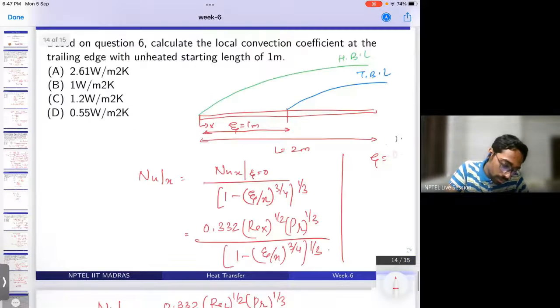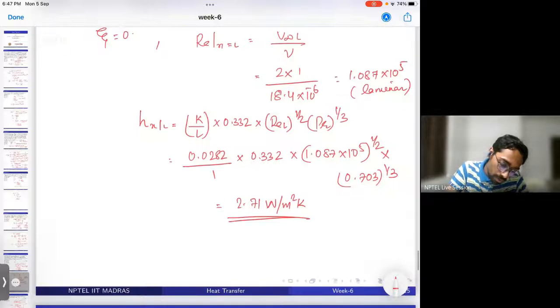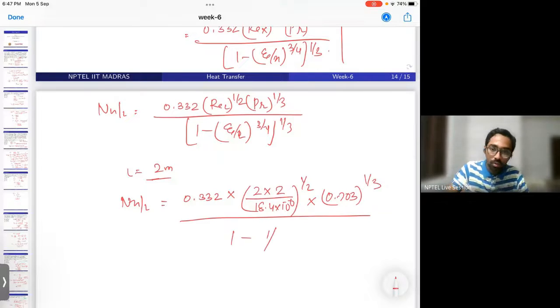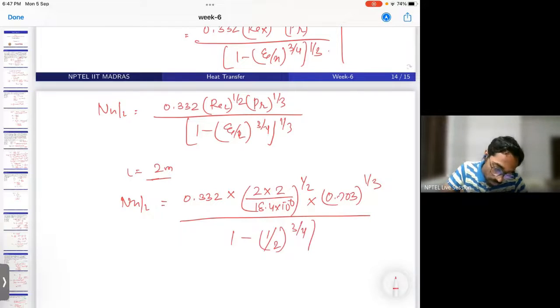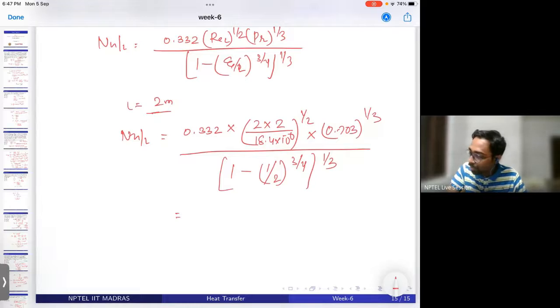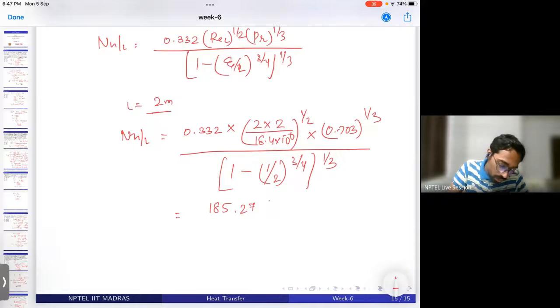Prandtl number is 0.703 raised to 1 by 3, divided by 1 minus epsilon, which is 1, because in the question it is given that there is a starting length of 1 meter, divided by 2, raised to 3 by 4, the whole raised to 1 by 3. So the answer, if you calculate, comes out to be around 185.27. This is the Nusselt number.